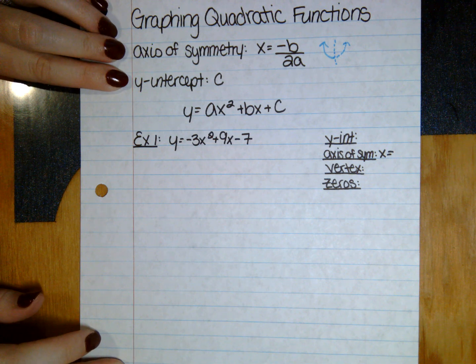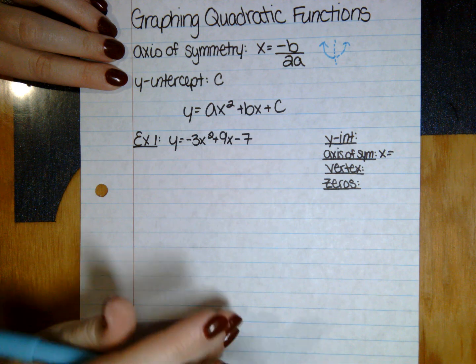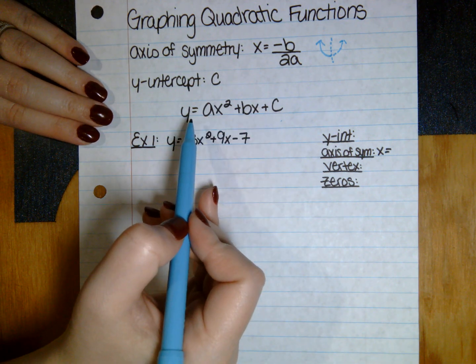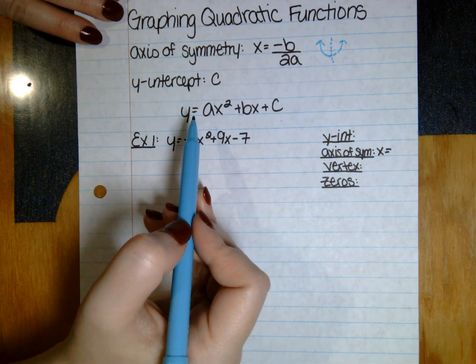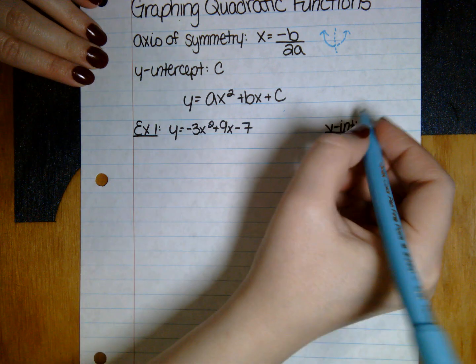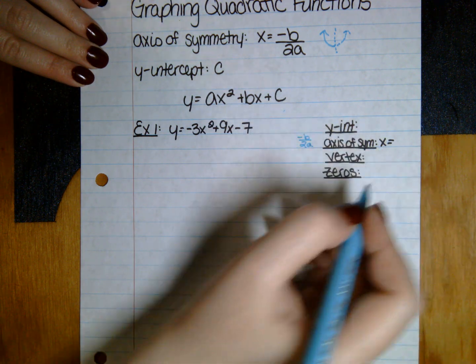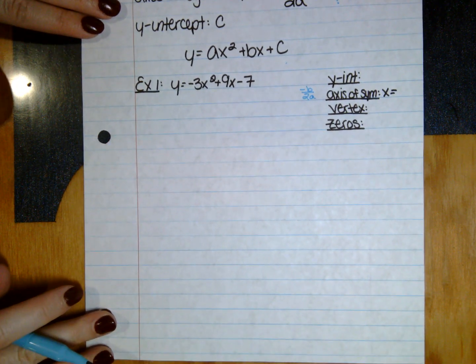And your y-intercept is always going to be your c value, which we'll talk about in a second. So when you're using your standard form for the quadratic function, that's how we're going to solve these. I'm going to write over here negative b over 2a so that we don't forget when we end up working out all of this information.